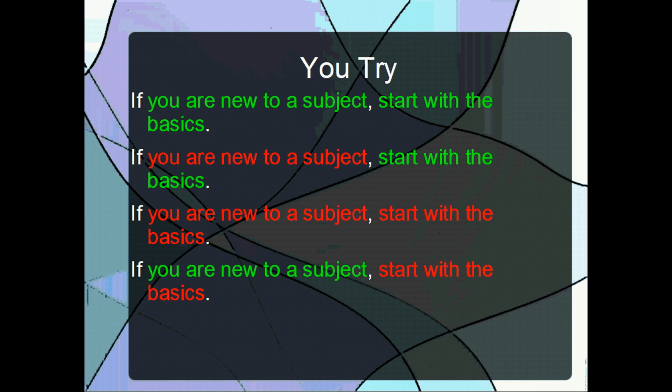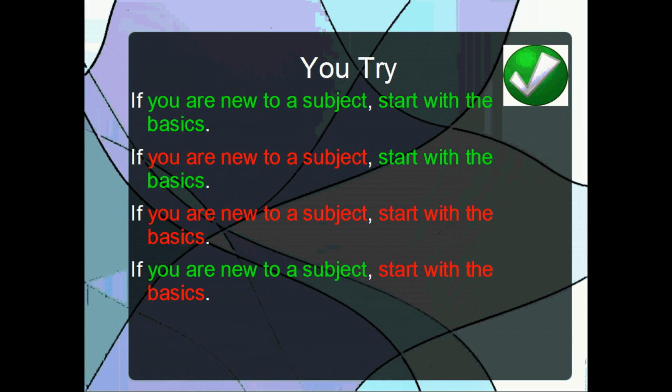Okay, so the conditional proposition is: if you are new to a subject, start with the basics. So the antecedent is, if you're new to a subject, and the consequent is, start with the basics. So being new to a subject is the cause of you starting with the basics. So that conditional proposition is true.